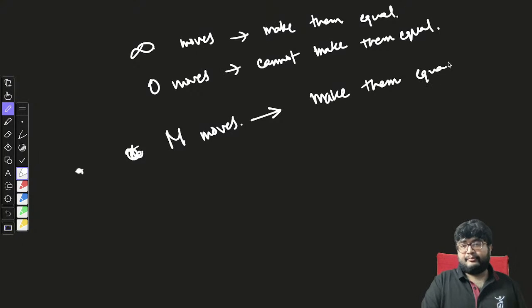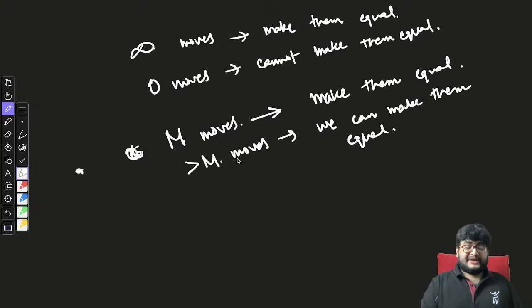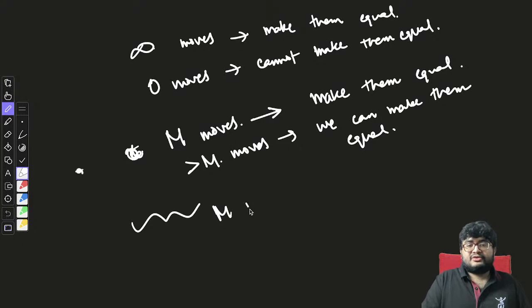Can we also say that for any number of moves greater than M, we can also make them equal? Again, with M moves we can make them equal. Can we also say if we have more than M moves, we can always make them equal as well? Why? We can just throw away some of the moves. Similarly, for fewer moves, we cannot make them equal.